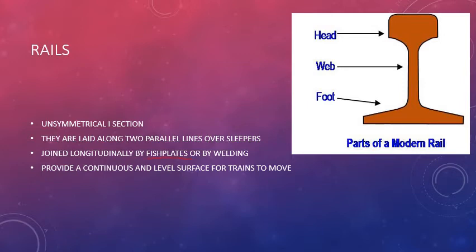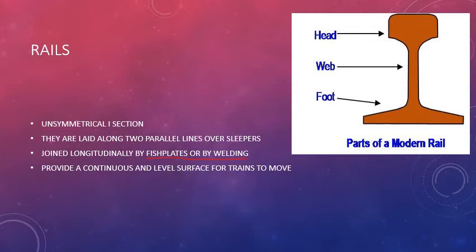This is very important, and you can expect questions in the GATE exams or PSC exams on how these rails are joined on the sleepers. They are joined longitudinally by fish plates or by welding. And these rails provide a continuous and level surface for trains to move.